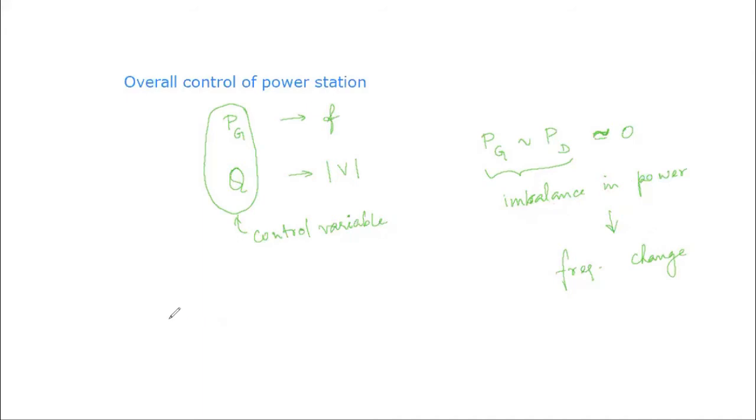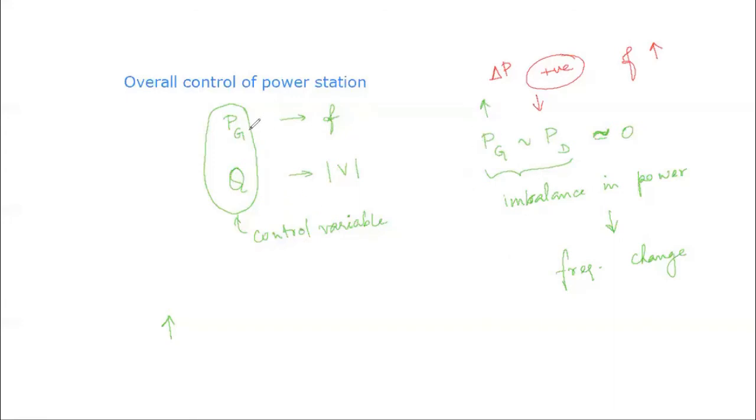That is, if my generation is high compared to the demand, then the difference is going to be positive. For a positive change in power, my frequency will increase, and it's the other way around.